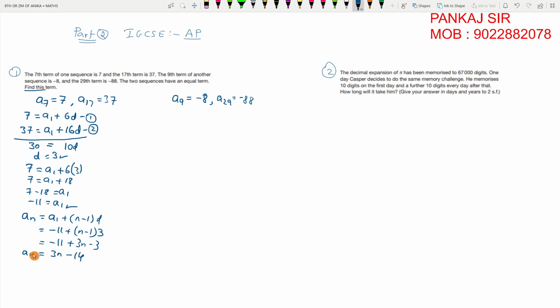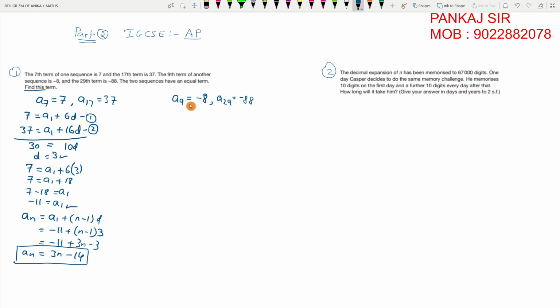So this is my general term of this particular sequence, whose two terms I was knowing, A7 equal to 7, A17 is equal to 37. Okay, fine. Now let me do the same thing for this other sequence.